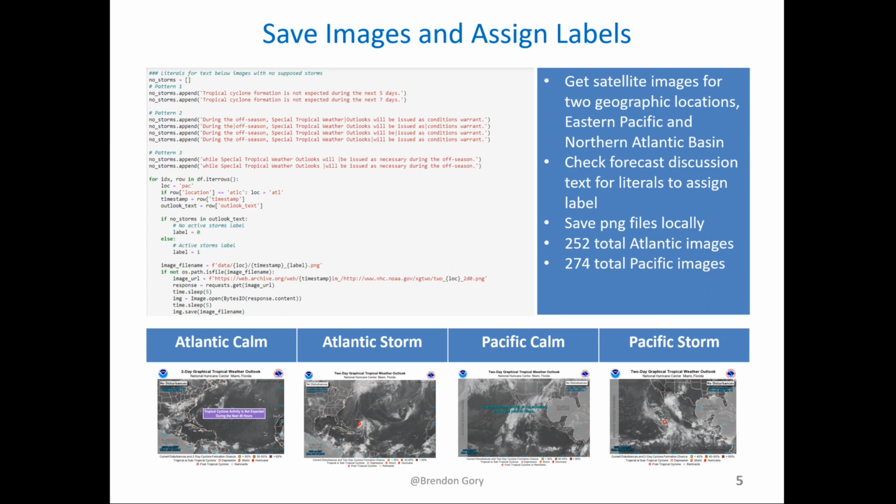An active storm could mean a hurricane, tropical storm, or a depression. We want the model to identify if there is a tropical system there or if the weather is calm. We have found 252 total images for the Atlantic Basin, and we found 274 images for the Eastern Pacific.